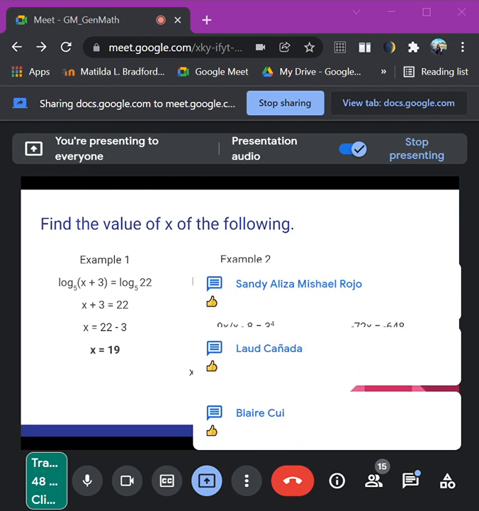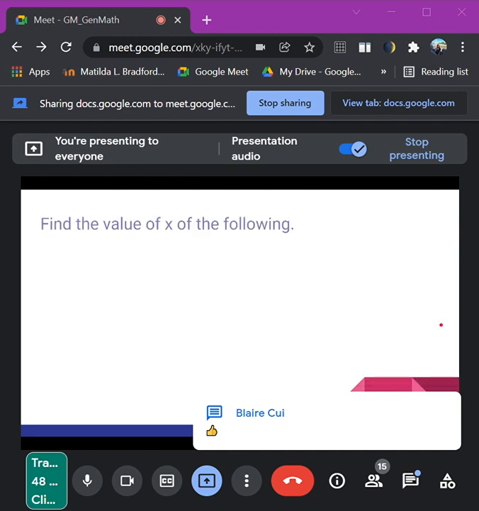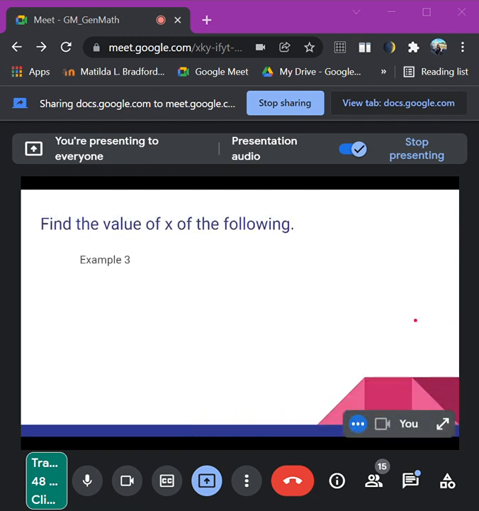Okay. So now, we have here our example number 3. Okay. So, you have there, log of 25 with base 5 is equals to 3x minus 3. Sige, unsa kaha atong ma-apply diri ah.